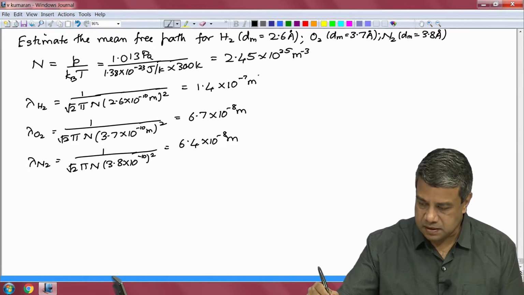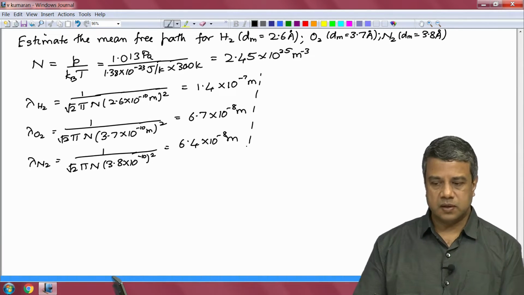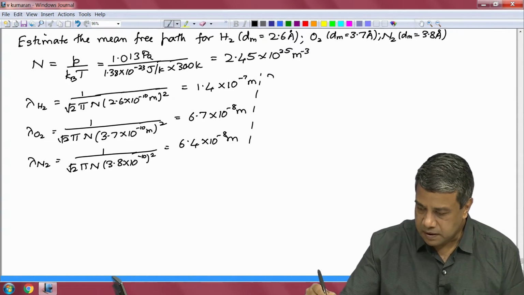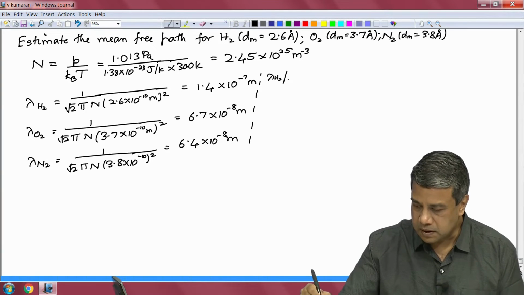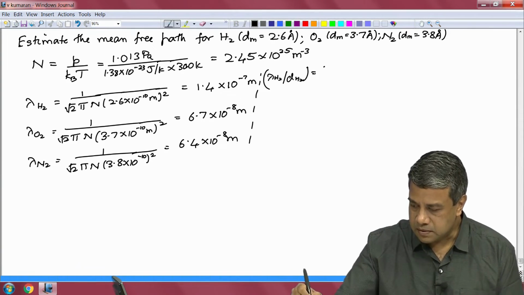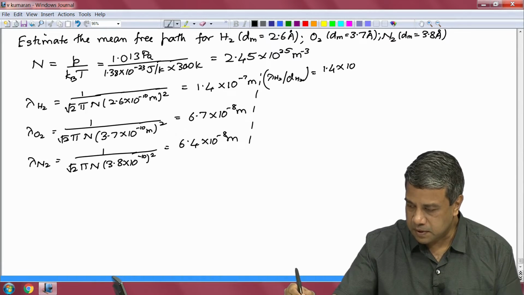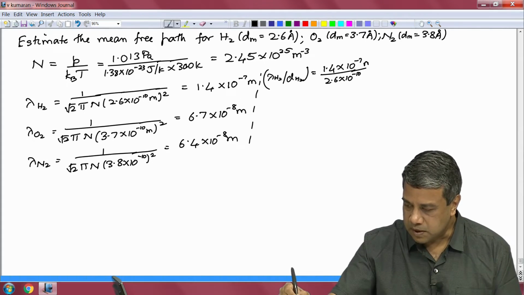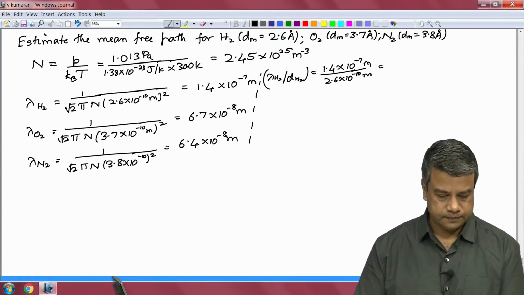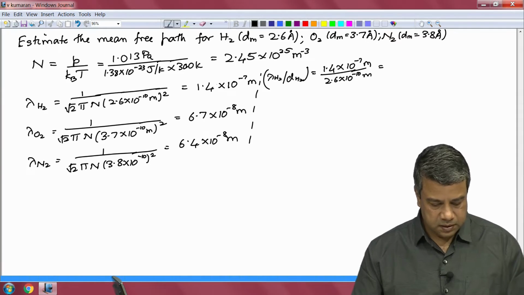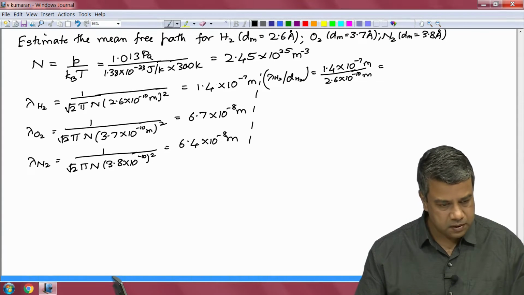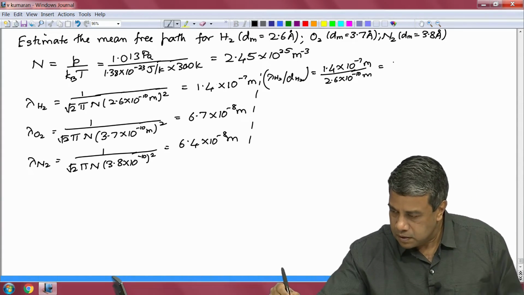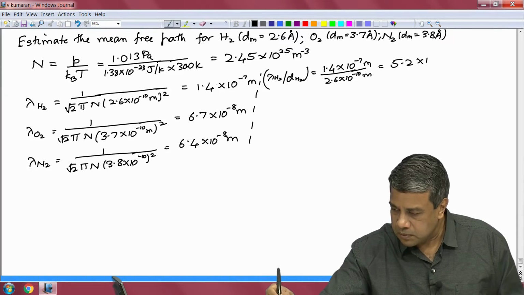This length scale is still much larger than the molecular diameter. If I take lambda of H2 by the diameter of H2, which is 1.4 into 10 power minus 7 by 2.6 into 10 power minus 10, both in meters, this turns out to be about 5.2 into 10 power 2.